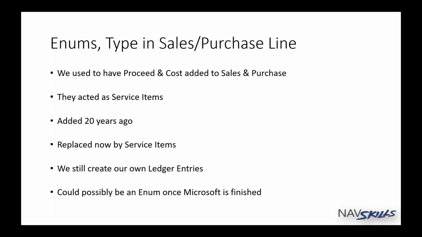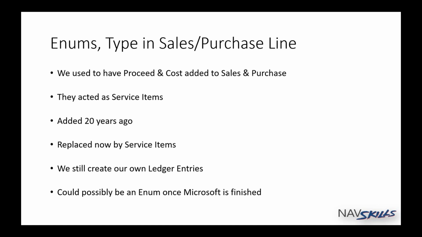Then we have the big enum story. We all know that it's very hard to add option types to base NAV. And we had added types to the purchase and sales line. We added the types proceed and cost. But we decided to replace them with service items. When we created the solution 20 years ago, service items did not exist.